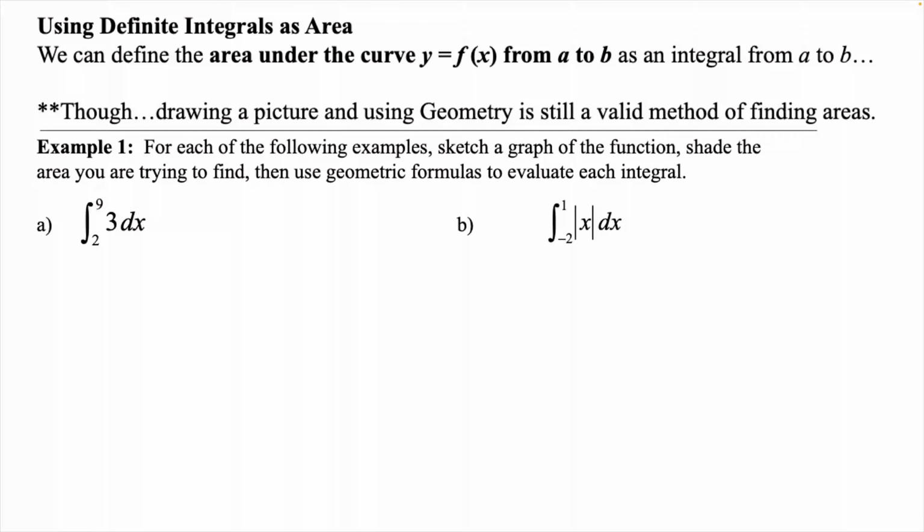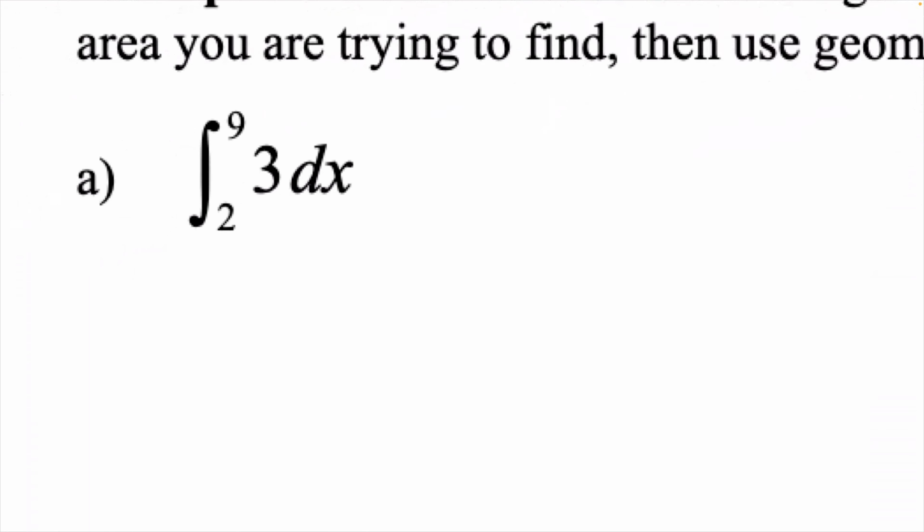So we're integrating. We are finding area under the curve. So for today, what we're going to do is draw what the graph looks like. Okay, we're going to draw what the graph looks like because that's the only method besides approximating that we know how to do. Okay? All right, so this guy here starts at 2, goes to 9.